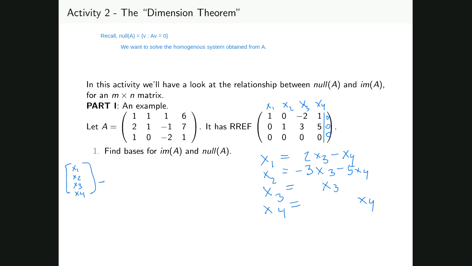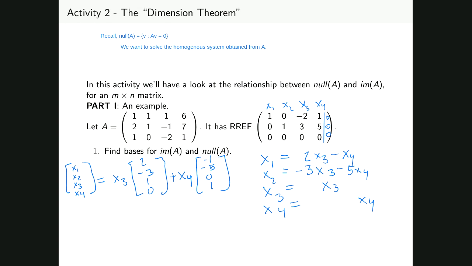we can say that we've got x3 copies of 2, negative 3, 1, 0, and x4 copies of negative 1, negative 5, 0, 1.